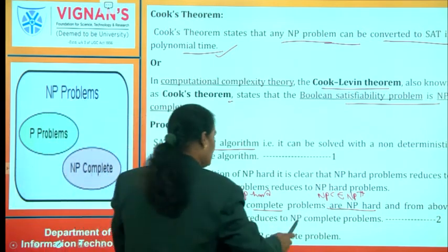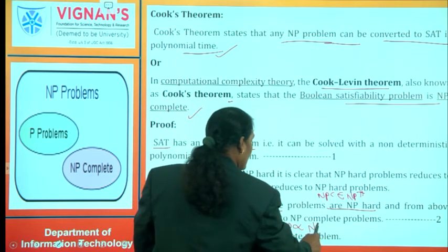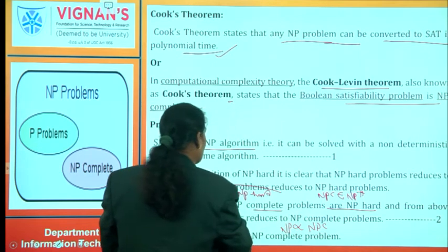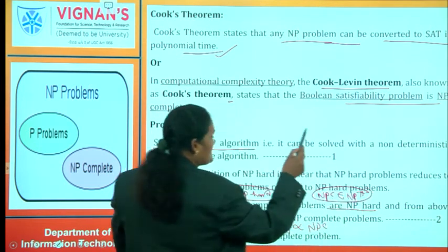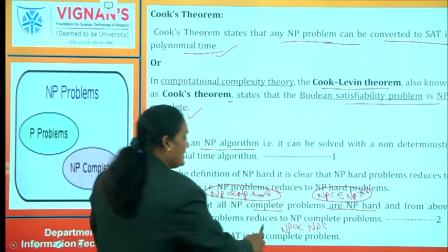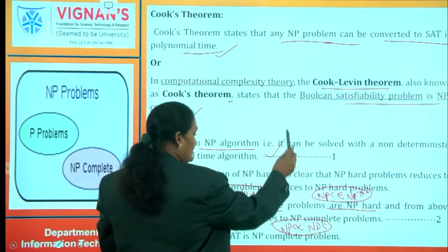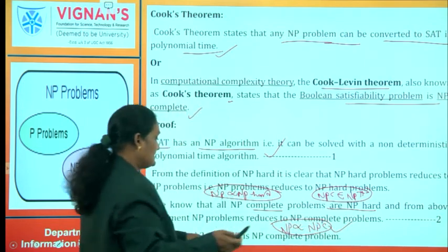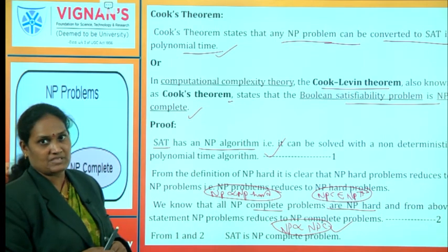So I can say that NP problems reduce to NP complete problems from these two. NP problems reduce to NP hard, and NP complete problems are a subset of NP hard. From those two, I can say that NP problems reduce to NP complete problems. So from this one and this one, we can say that satisfiability is an NP complete problem.